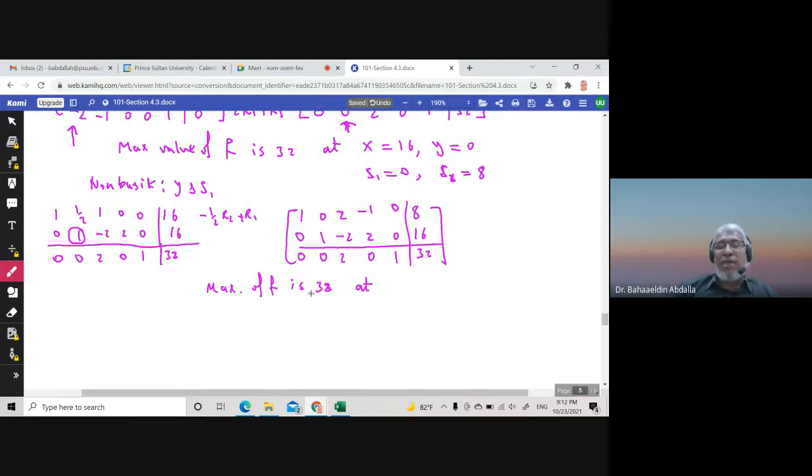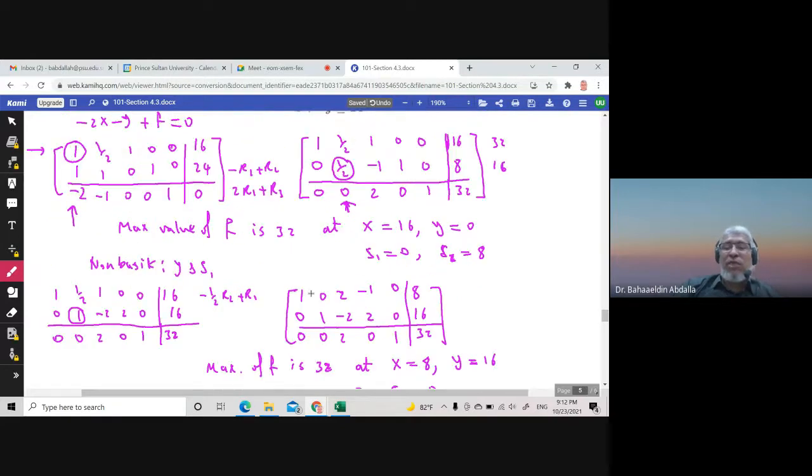Now x is a basic variable and it's 8, and y is a basic variable and it's 16. And now S1 and S2 are zeros.